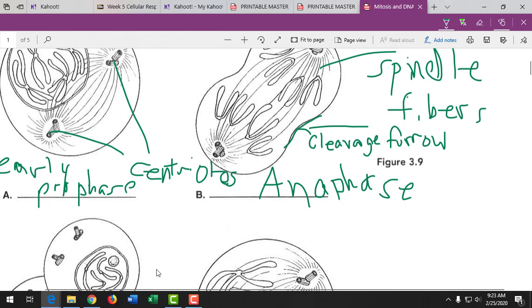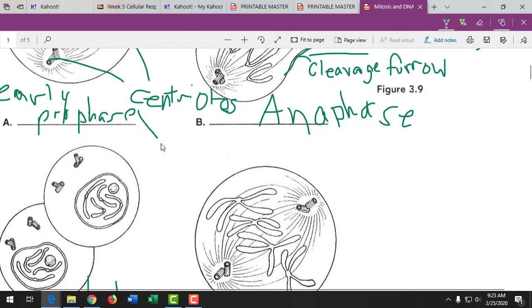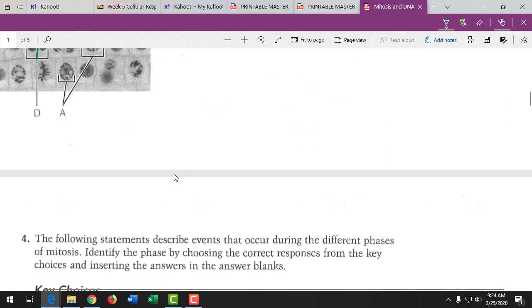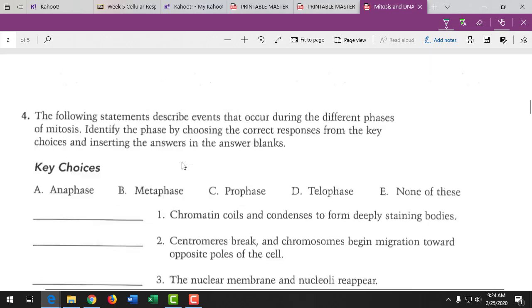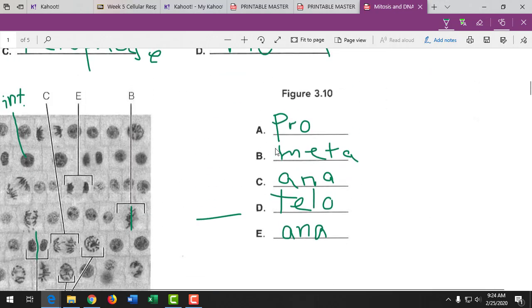Okay, so if we follow the order of things, it goes from prophase to metaphase to anaphase to telophase. That's kind of the order of things. 1, 2, 3. So here's the thing.